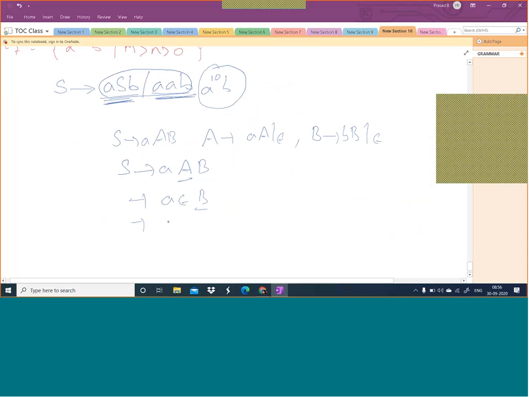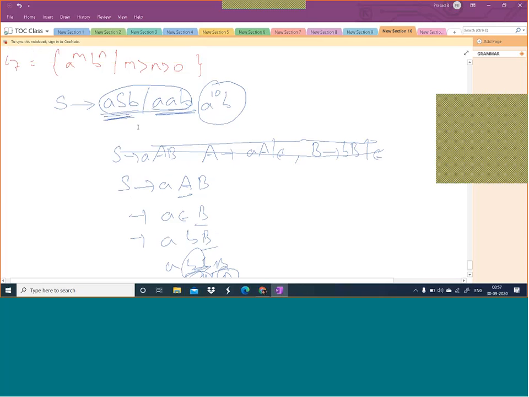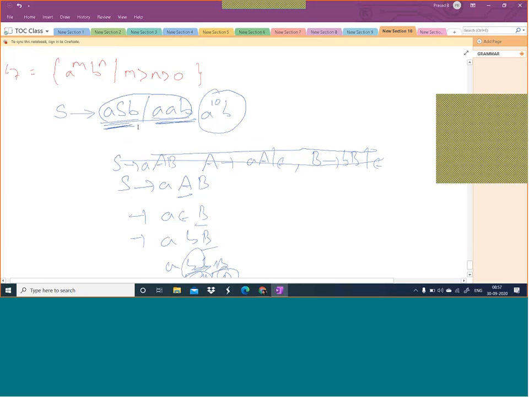You understand? However you substitute, the A's must be greater than the B's. And moreover you must get all these. Here no doubt every time A's will be more, but A's will be only exactly one more than the number of B's. Suppose B's are 10, it will give only A power 11. We must get A power 12, A power 13 also. So what is the solution? Anybody? Solution for this?